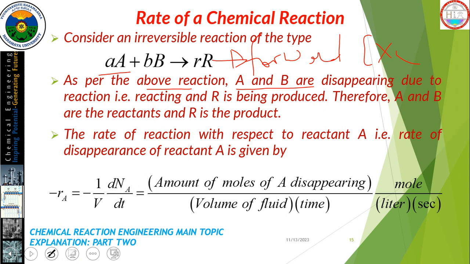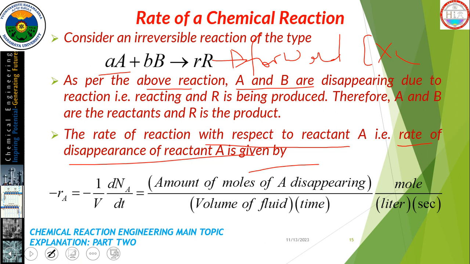So the rate of the reaction with respect to A, the rate of disappearance of reactant A, is written as minus Ra, which is equal to minus 1 over V, the volume of the fluid, dNA by dt.